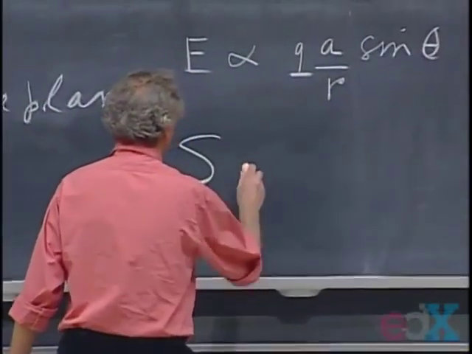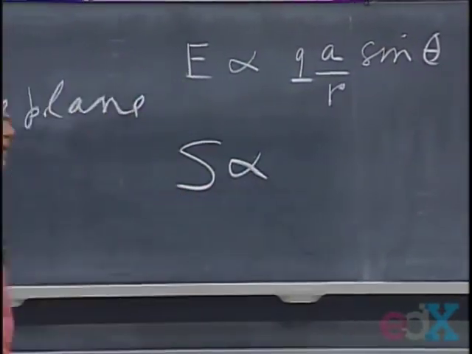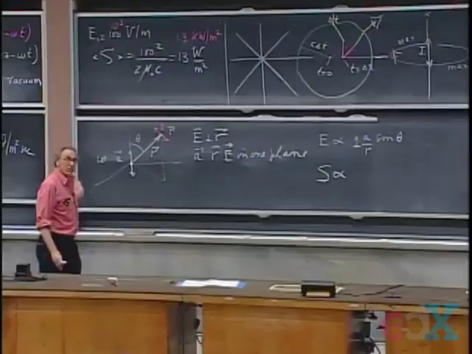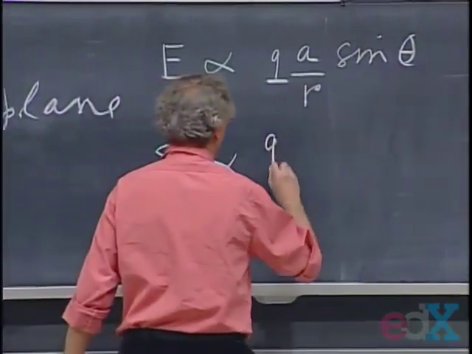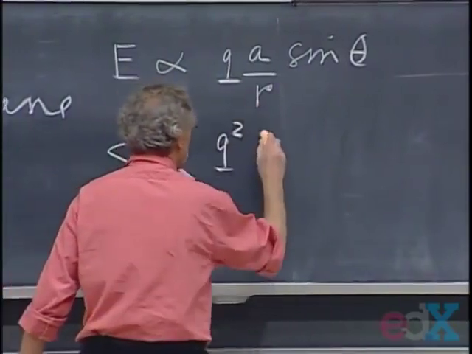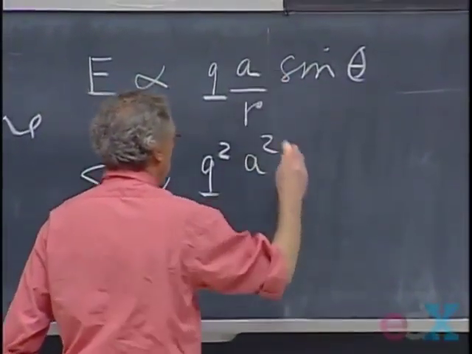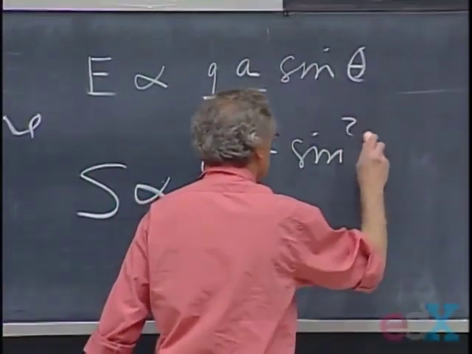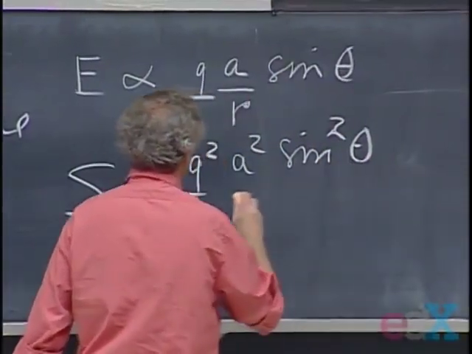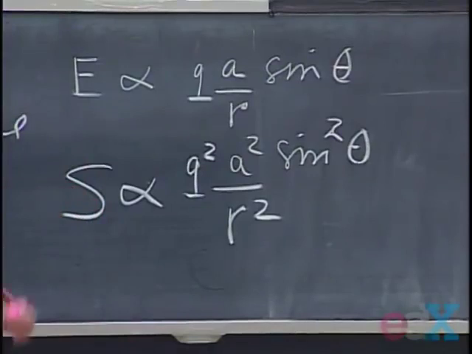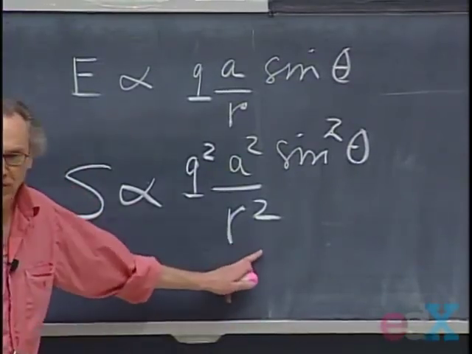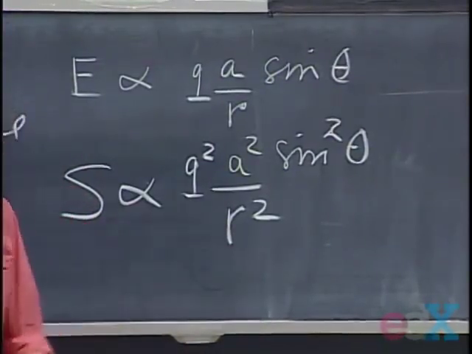If you double r, the electric field strength goes down by a factor of 2. And the Poynting vector, which is the product of E and B, but E is always proportional to B. So the Poynting vector then is proportional to Q squared, proportional to A squared, proportional to the sine squared of theta, and inversely proportional to r squared. And that is obvious that it has to be inversely proportional to r squared.